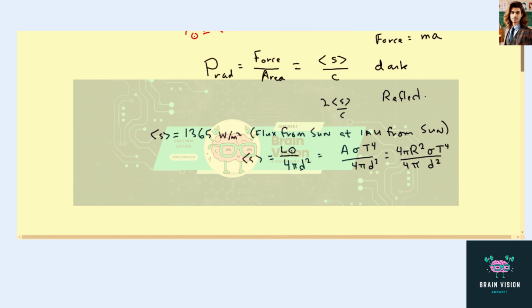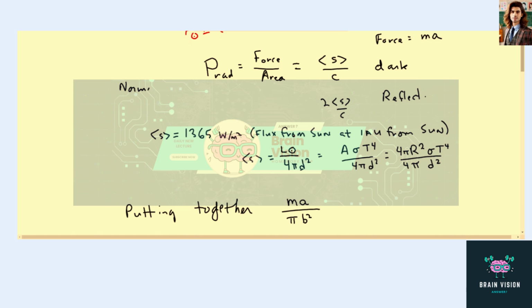So putting this all together, what we have is force is mass times acceleration over the area of the sail, which we're assuming a circular sail, and normal incidence. That's another thing.